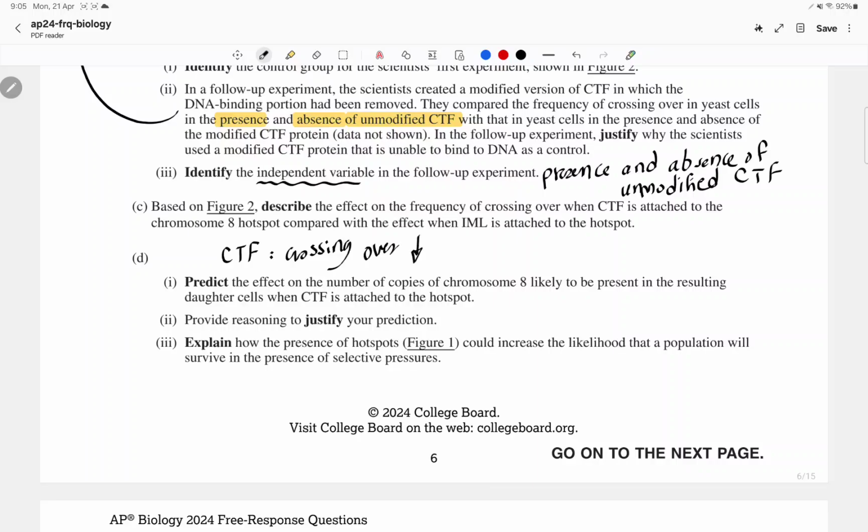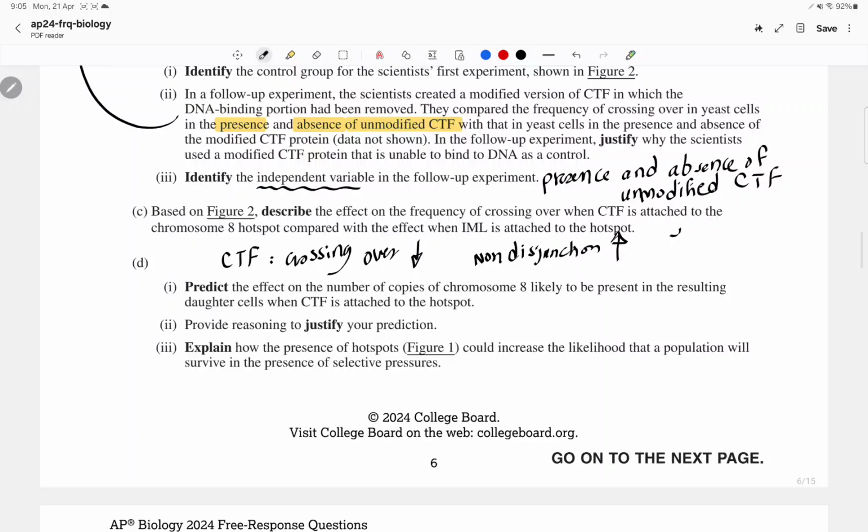And we were told in the beginning of the question that crossing over is important for the separation of the chromosomes from each other. Okay, and so now if you bring crossing over down, you're going to be increasing the chance of non-disjunction, which happens during meiosis 1.